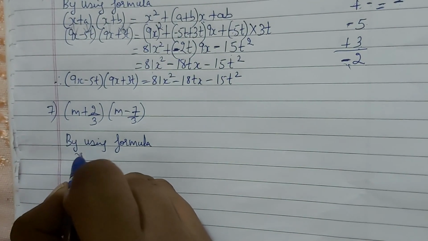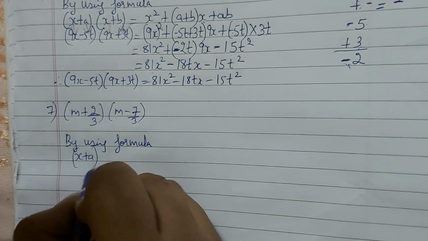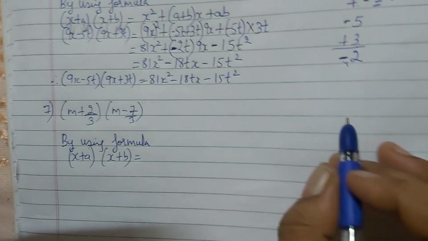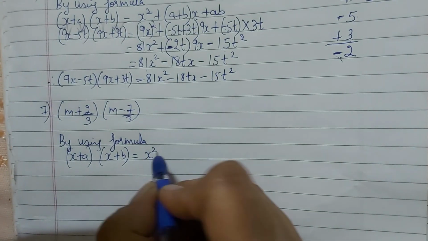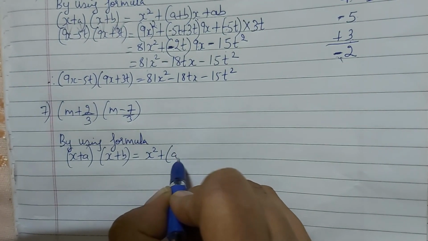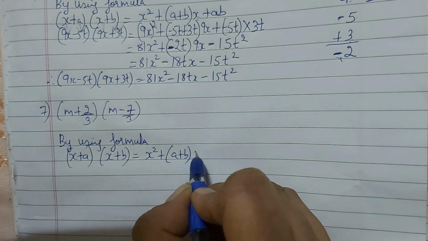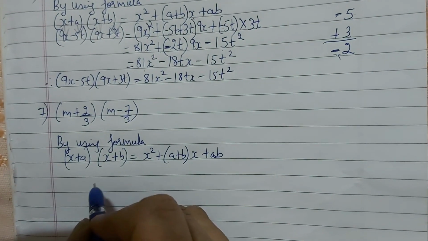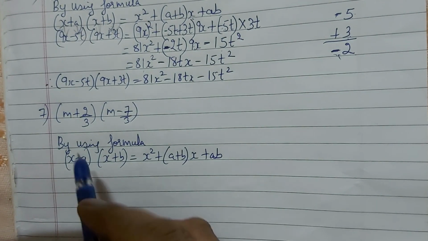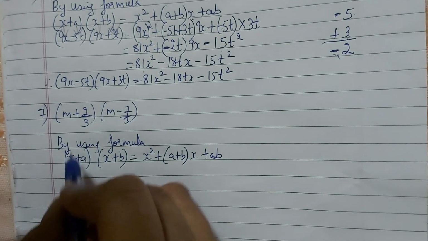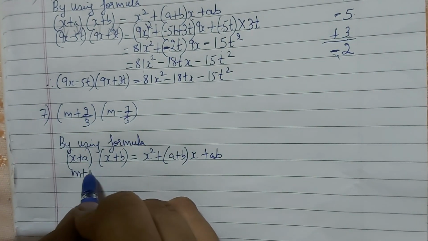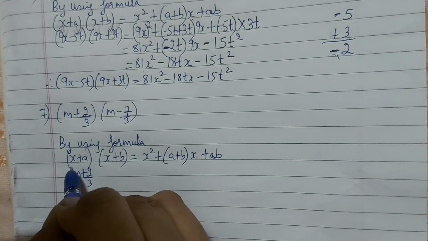what is the formula? x plus a in the bracket, x plus b in the bracket is equal to x square plus a plus b in the bracket into x plus ab. So below this x plus a we will write this thing. Okay, this sum. m, this bracket, m plus 2 upon 3.